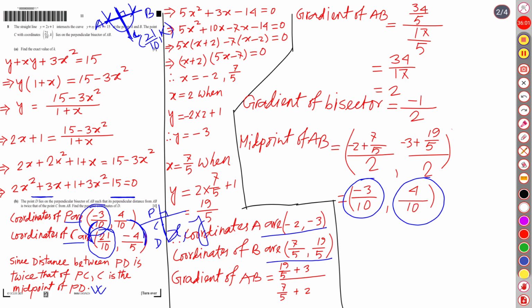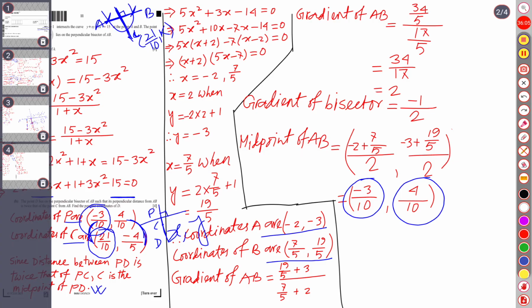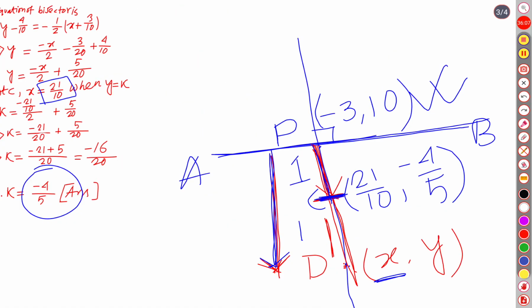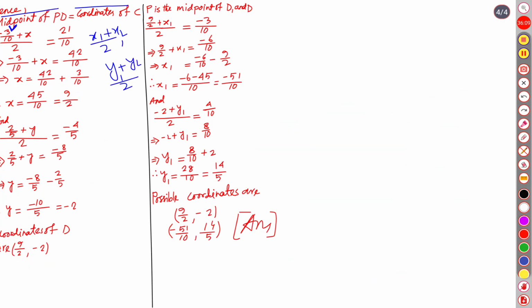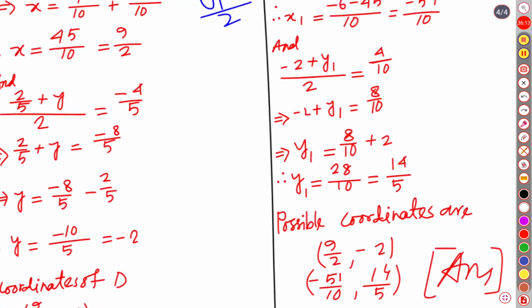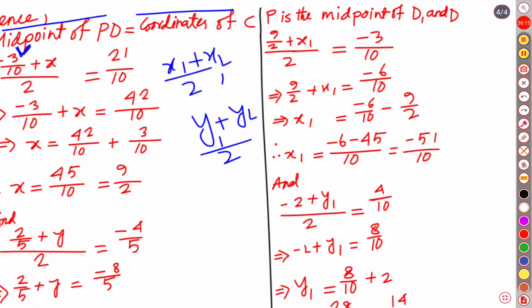So it will be negative 3 over 10 plus x over 2. And the coordinate of C was negative 21 over 10.